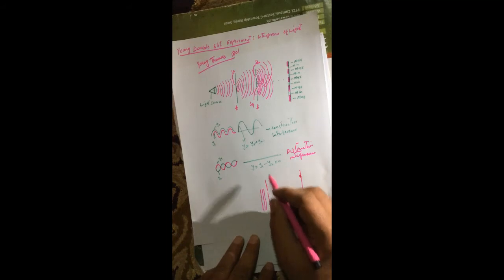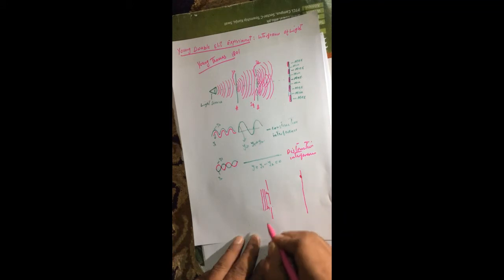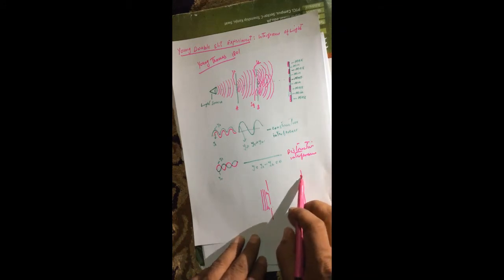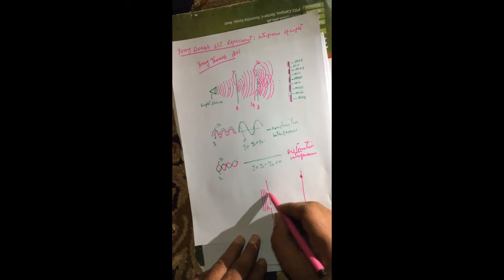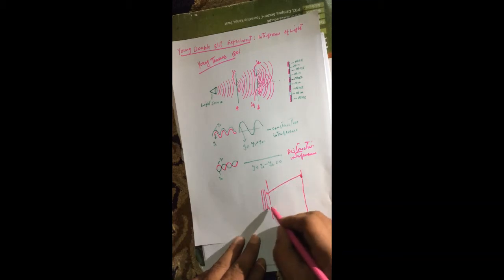Now light after passing through slits S1 and S2, let's suppose we have either a dark spot here or a bright spot here. Either we have a maxima or minima. Let's suppose one ray of light after passing through slit S2 reached here, and one ray of light after passing through slit S1 reached here.